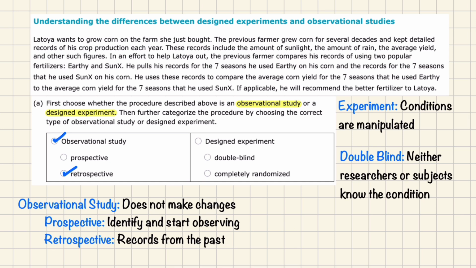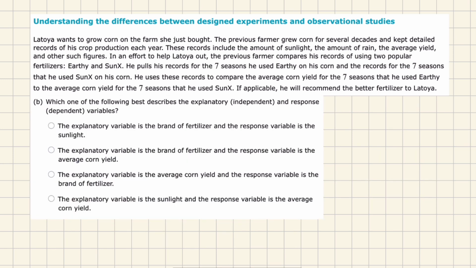And then for part B, we're asked which one of the following best describes the explanatory or independent variable and which describes the response or dependent variable. So the explanatory variable is the one that we suspect of being the cause. It's the one that's being changed, and the response is what happens as a result.